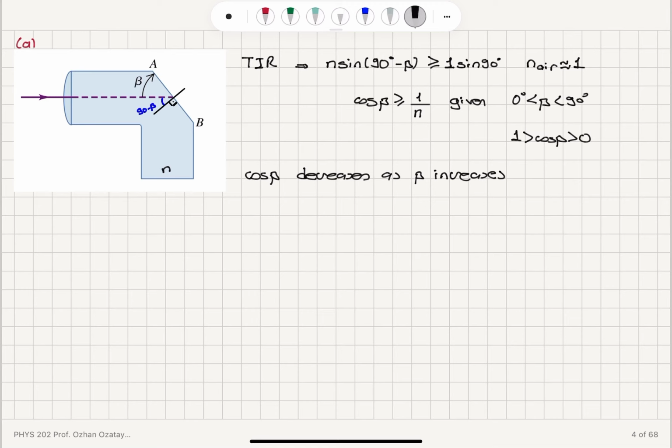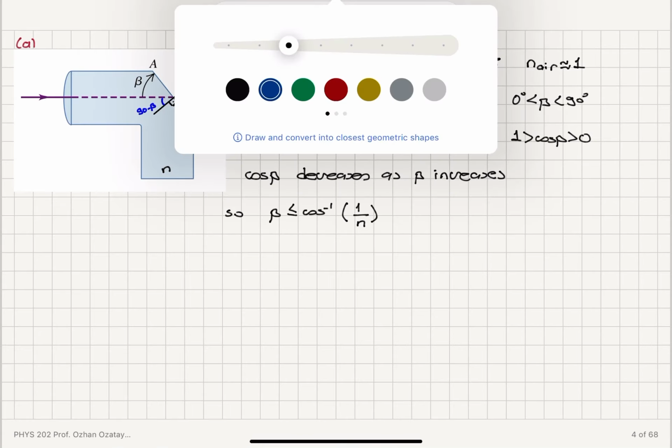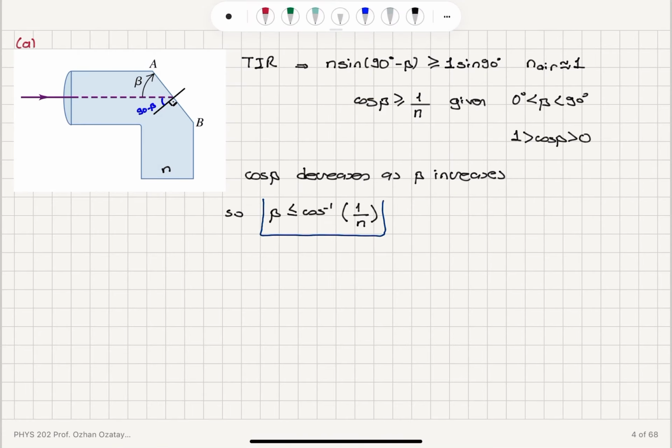All right. So we find that cosine beta should be greater or equal to 1 over n, which implies that beta should be less or equal to cosine inverse of 1 over n. So that's the condition on beta here. It should be less or equal to cosine inverse 1 over n.